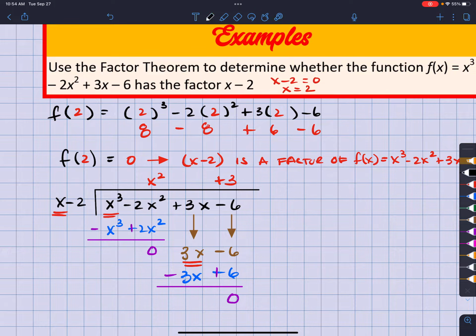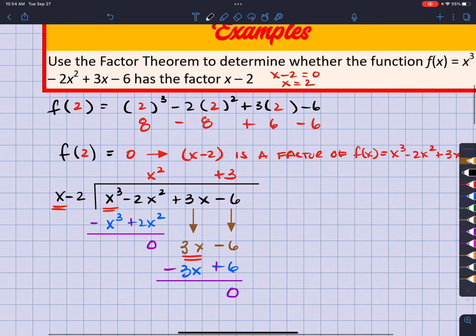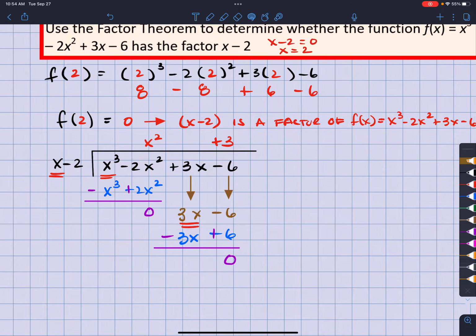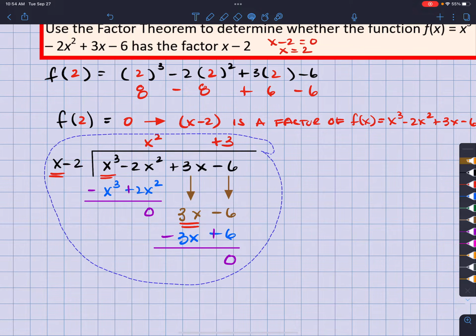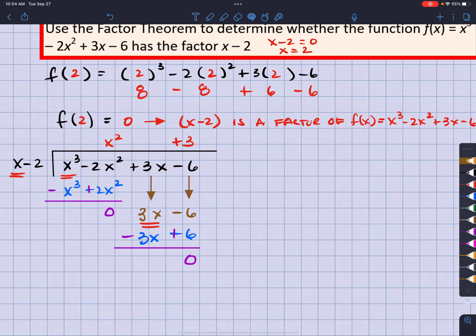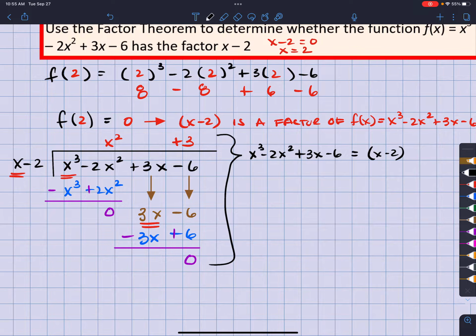So what is this whole thing telling me? It's telling me that x cubed minus 2x squared plus 3x minus 6 is the same as x minus 2 times x squared plus 3.